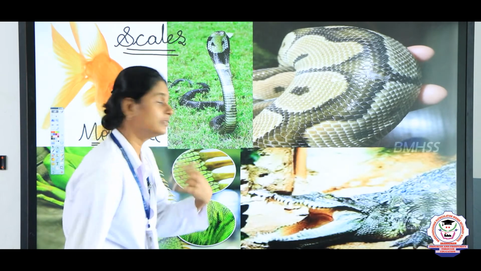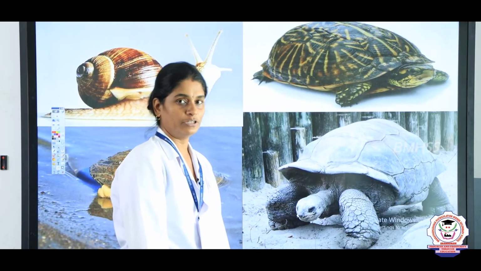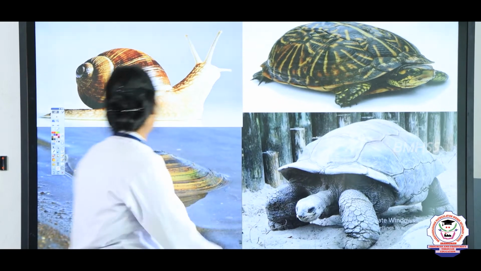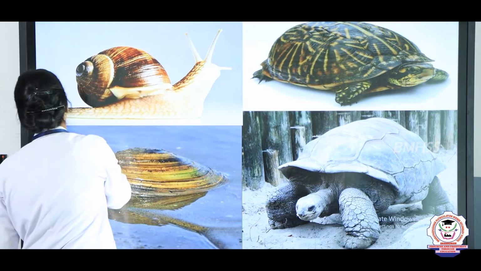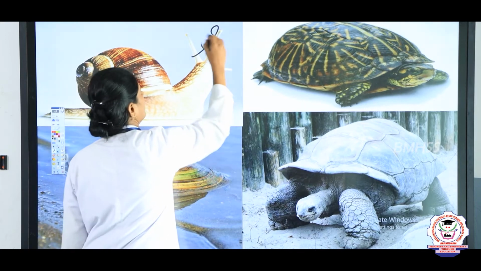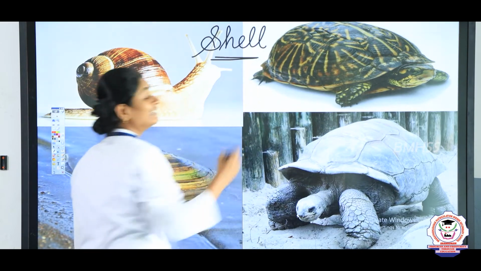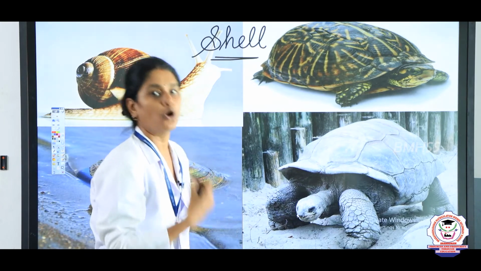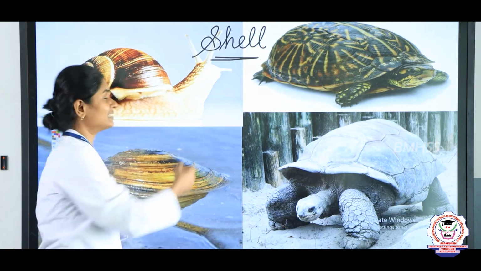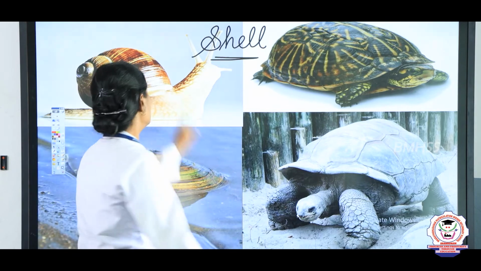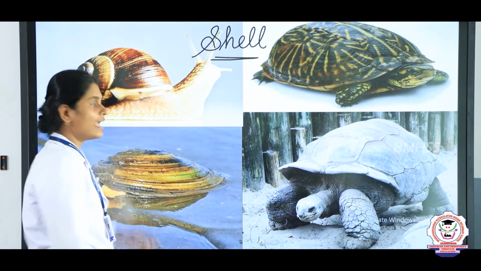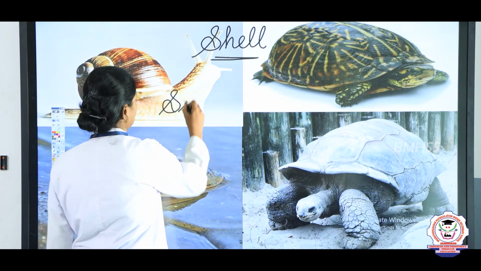Now let's see the third one. The next one that we are going to see is the shell. S-H-E-L-L. So what are the animals that have shell as a body covering? This one, what is this? Yes, snail, nattai they will say, right?